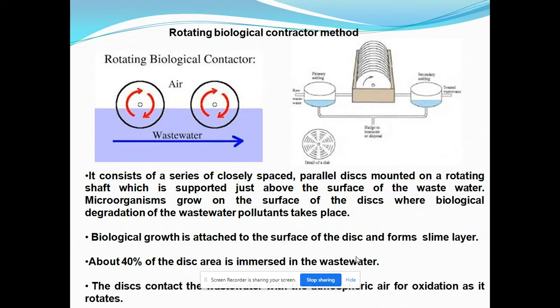About 40% of the disk area is immersed in the wastewater, and as it rotates, the disk contacts the wastewater and atmospheric air for oxidation. The lower half of the rotating disk will have contact with the wastewater to be treated, which is known as the eating phase, and the upper half of the rotating disk will have access to the air and is called the breathing phase.